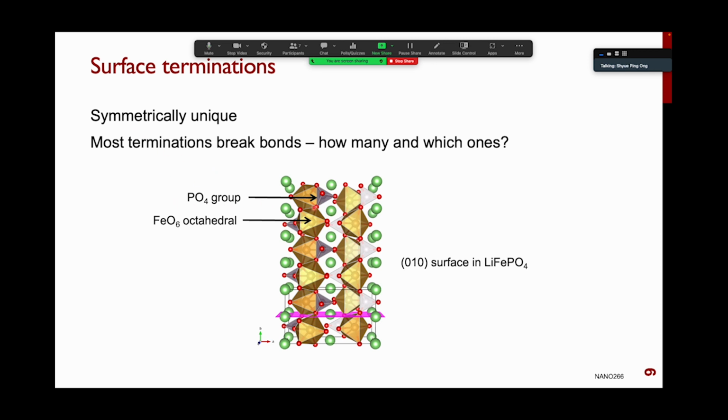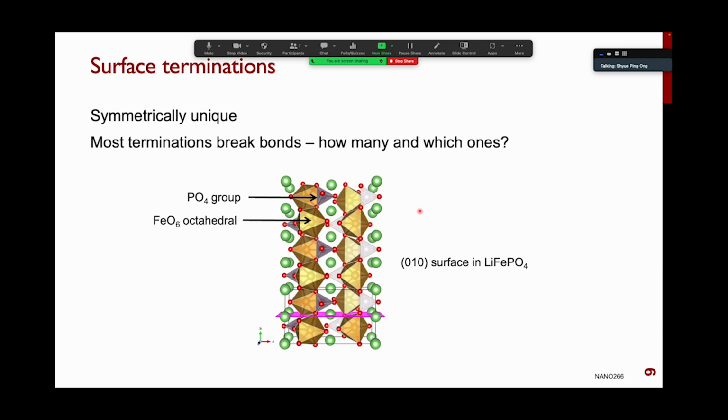So think, for example, in this lithium iron phosphate crystal structure, you can do a termination which cuts across these PO4 groups. Okay. You can also equivalently define, say, a termination that is somewhere around here, and this termination only cuts FeO6 octahedra, but it does not cut any of the PO4 groups. Okay.